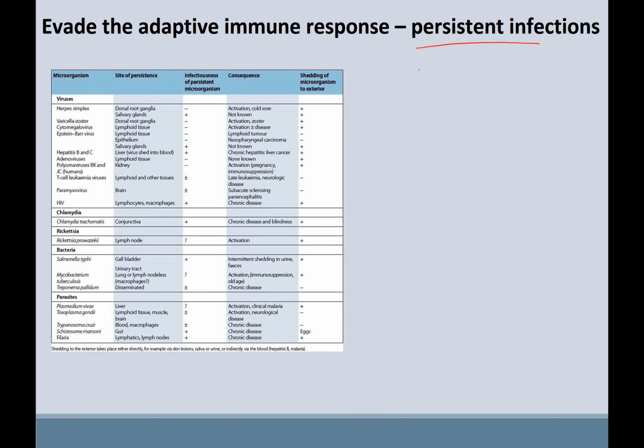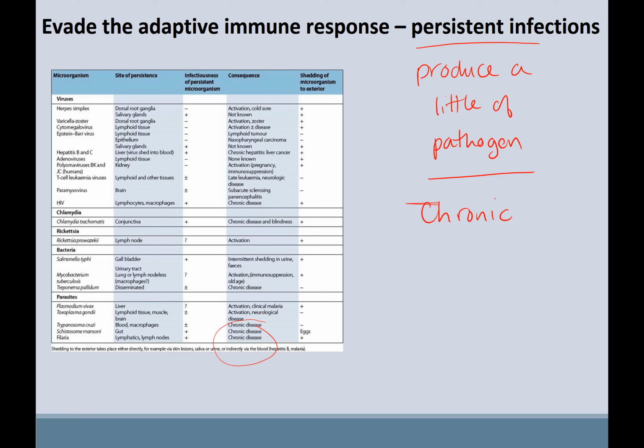So your long-lasting infection, you're producing a little bit, not enough to get a huge immune response, and these can lead to, like it says here, chronic disease, right? So hepatitis B and hepatitis C is a great example. They can lead to liver cancer and liver damage because they're always there producing just a little bit of virus to mess up the cells.